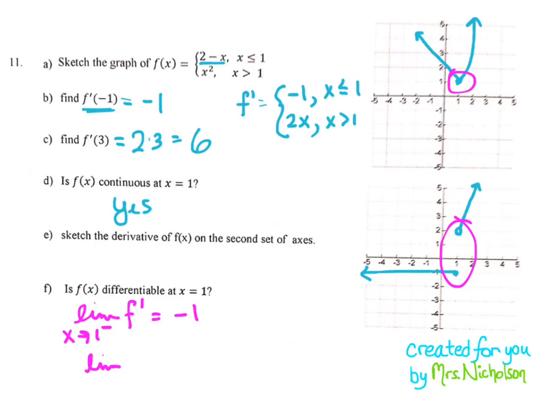And then if I'm approaching 1 from the right on f prime, well, that means I'm going to plug in to the 2x. My derivative on that side is 2x, and 2 times 1 is equal to 2. So you can see that these two values are different, and therefore it is not differentiable.